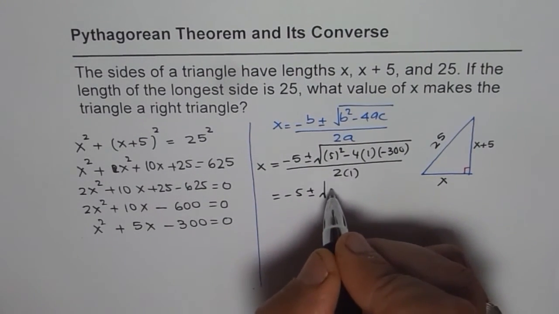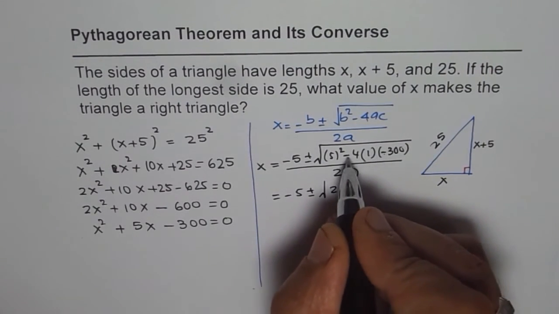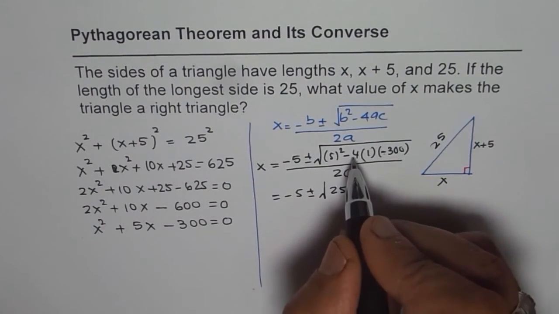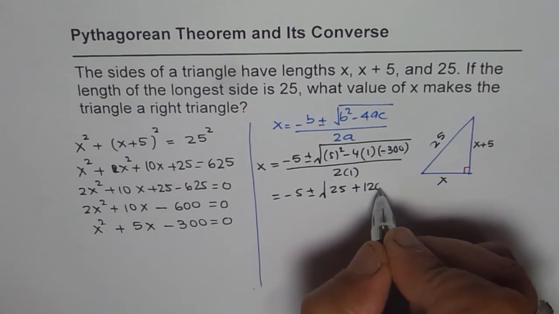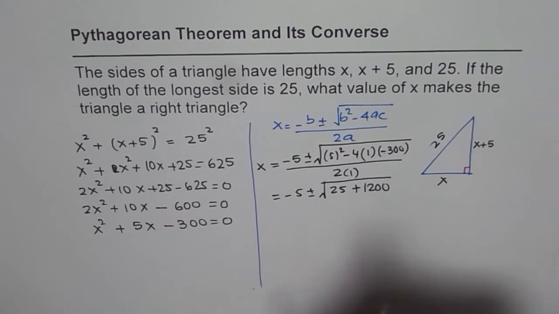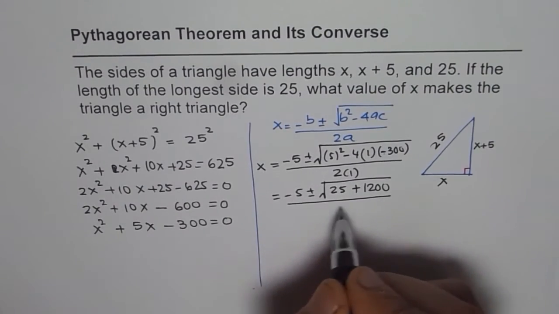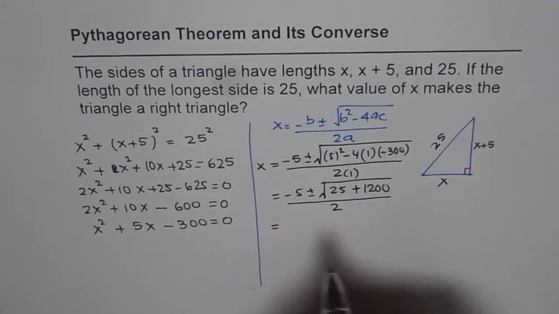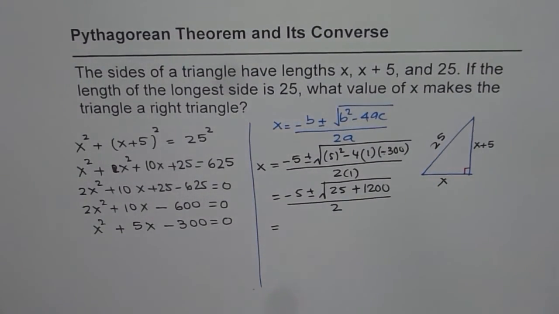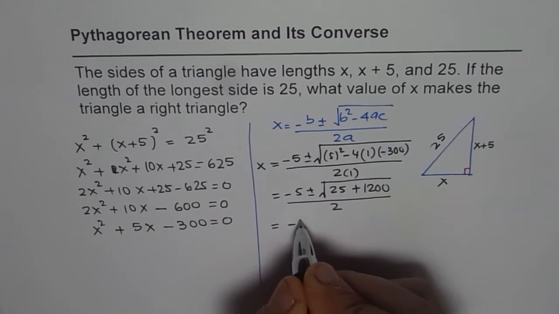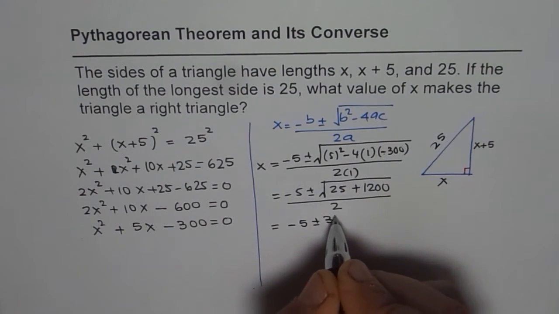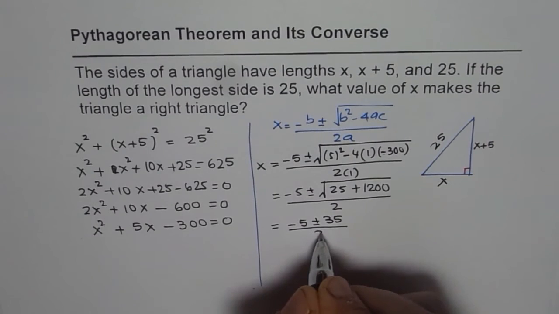So what we have here is 25, and minus and minus becomes plus, 4 times 300 is 1200, so we have 1225 divided by 2, right? Square root of 1225 is equal to 35. So we can write this as minus 5 plus minus 35 divided by 2.